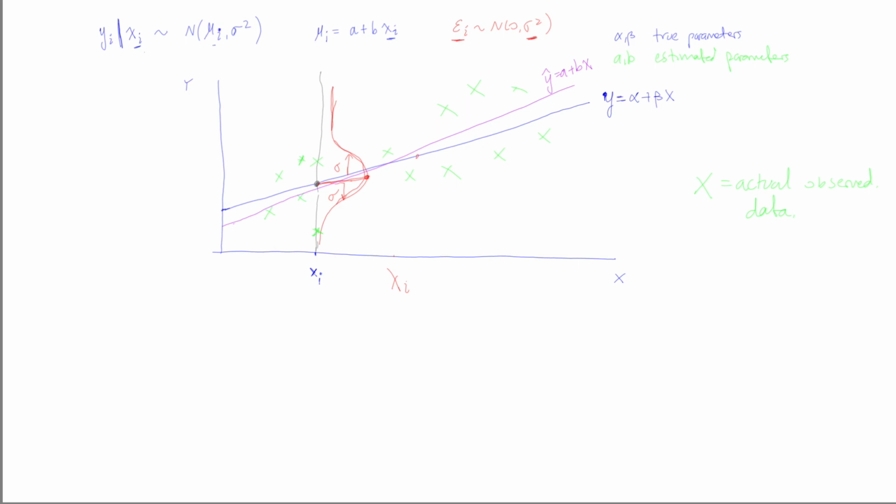Now let me go back and talk about approach 1 and approach 2. This was the optimization approach, and this was the statistical approach.